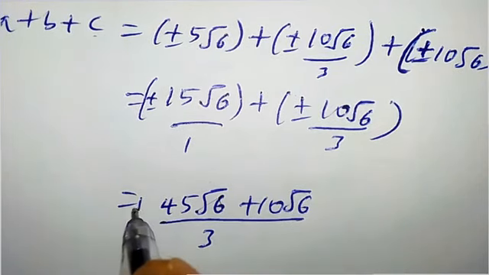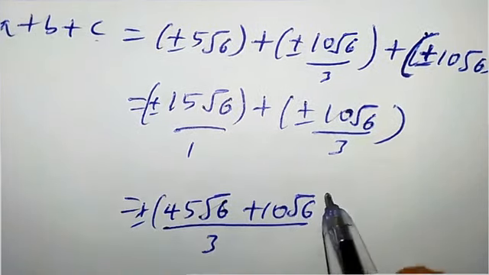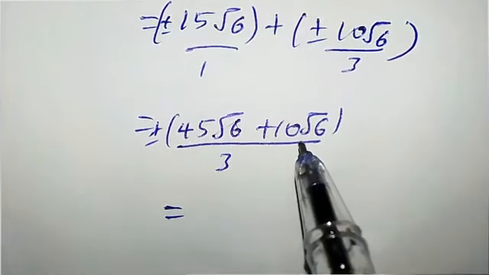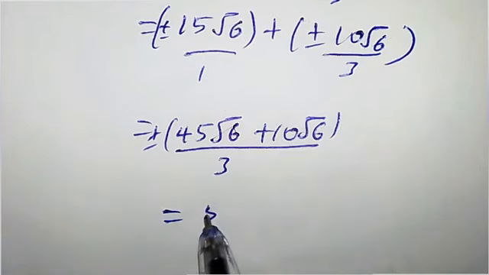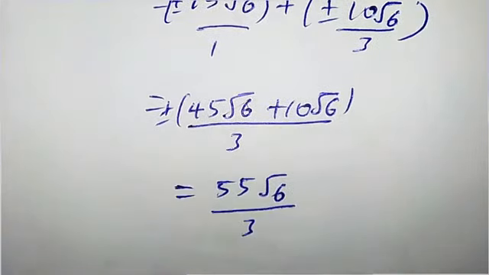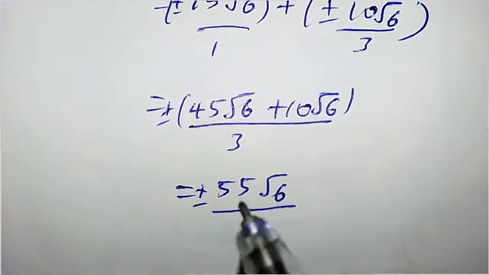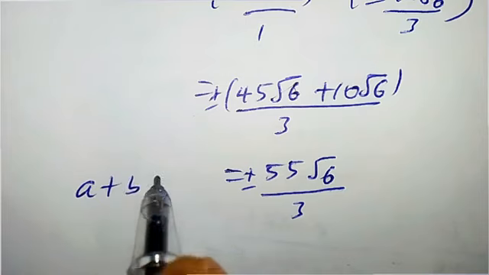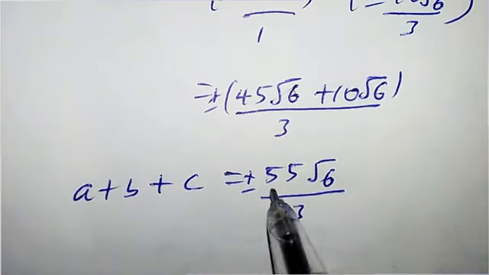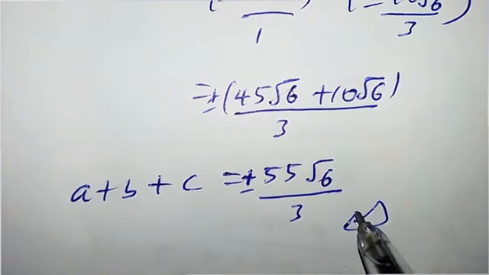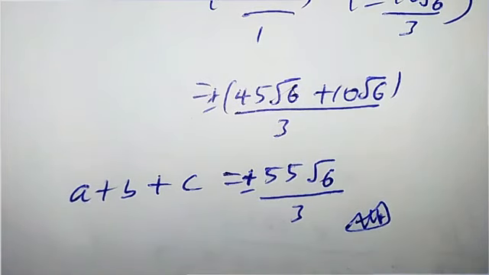Don't forget the plus or minus sign outside. So this equals 45 root 6 plus 10 root 6, that is 55 root 6 over 3. Don't forget the plus or minus sign. That means the value of A plus B plus C is equal to plus or minus 55 root 6 over 3. This is the required solution.